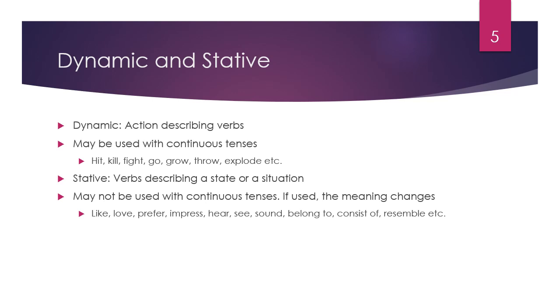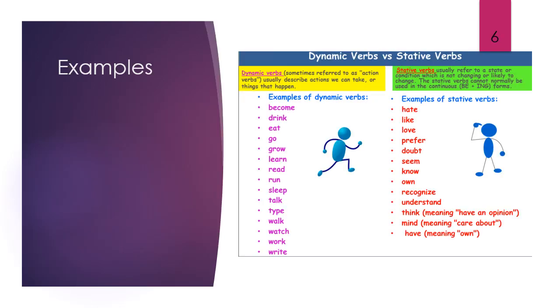The words like love, like, prefer, impress. Now the moment we add an ing to them to make them into continuous form, the meaning of the sentence will change. Therefore, stative will be describing the state of being. Dynamic will be describing the action. Here are a few examples of dynamic verbs and stative verbs.